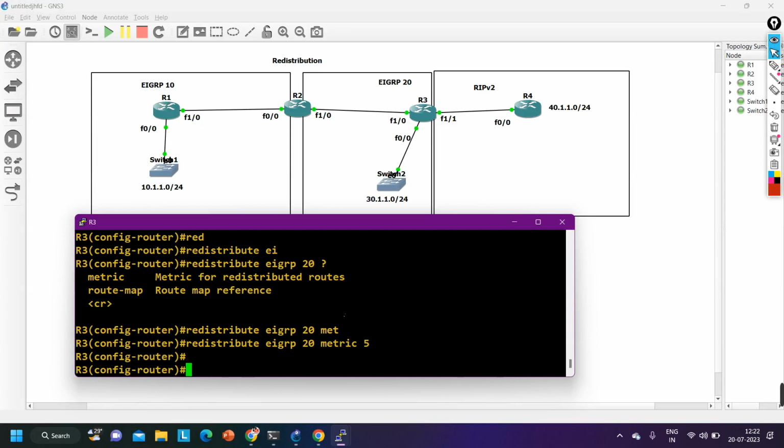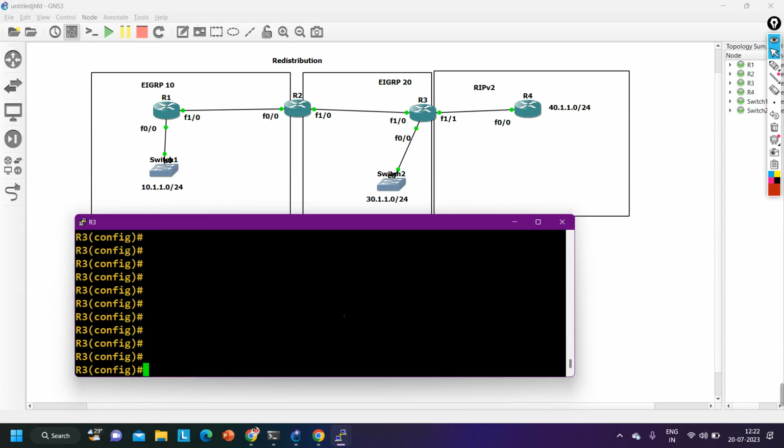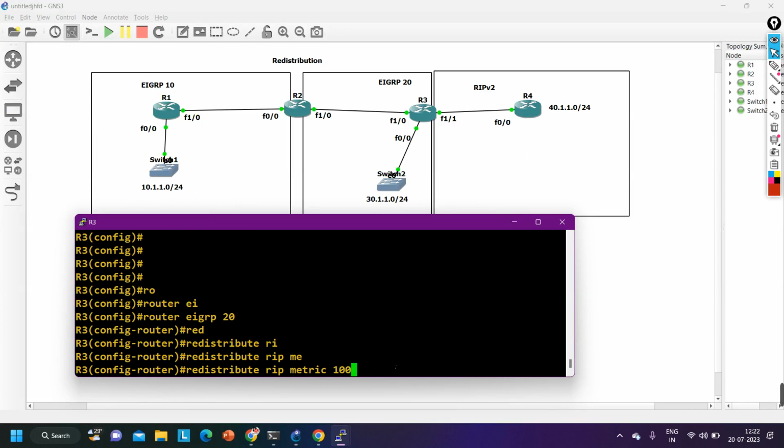So again, on router number 3, I'm going to router EIGRP AS number 20 and redistribute RIP, then metric. Whenever you redistribute any other routing domain's prefixes into EIGRP, you have to define the metric components like bandwidth, delay, reliability, load, and MTU. That's it.